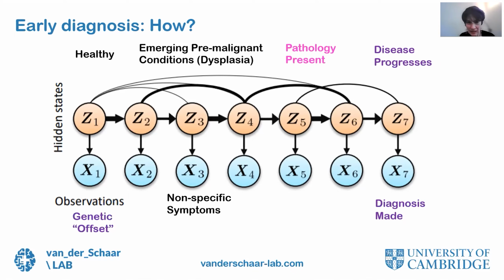And what machine learning can do is to help detect this earlier, when the pathology was actually present, by applying models like the ones I just described, and hopefully in the future much better ones, which look at the information over time and at time 3 already say this patient is at very high risk. We need to monitor them much better with different technologies, such that we detect early at stage 5 rather than at stage 7 this particular disease.